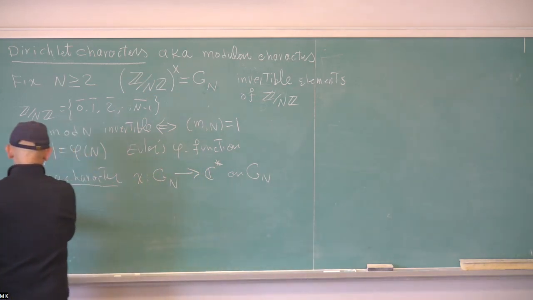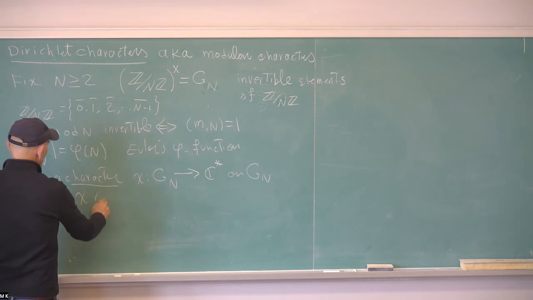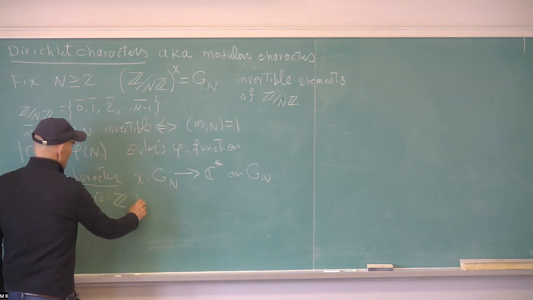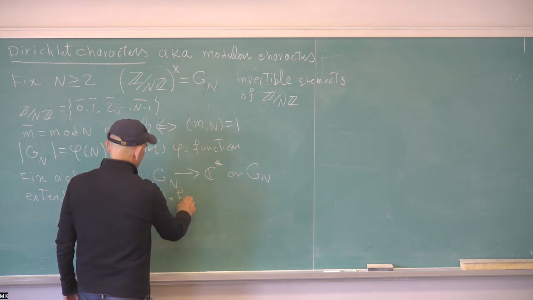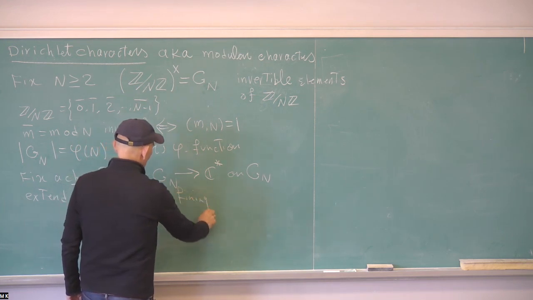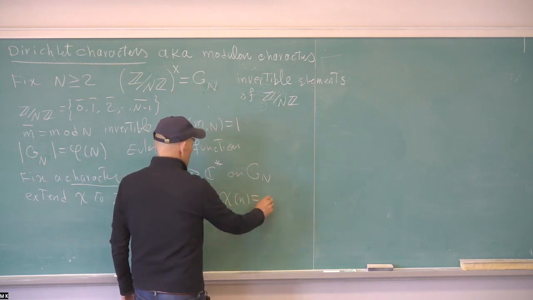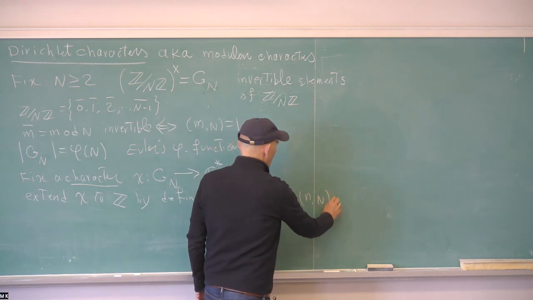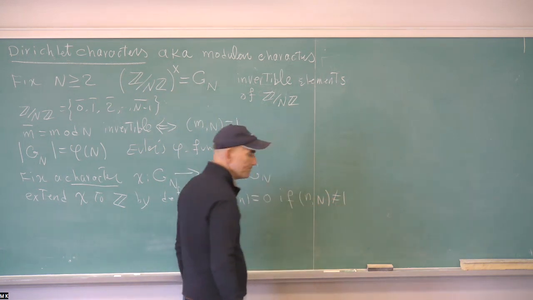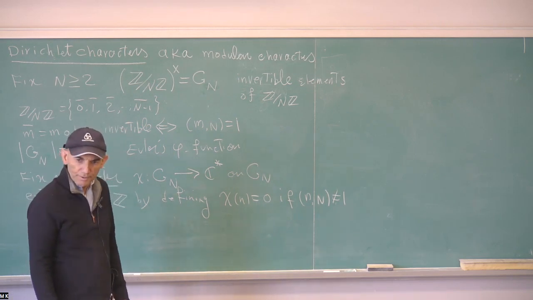So extend chi actually to Z by defining: chi of m is equal to 0 if m and n are not relatively prime to each other.